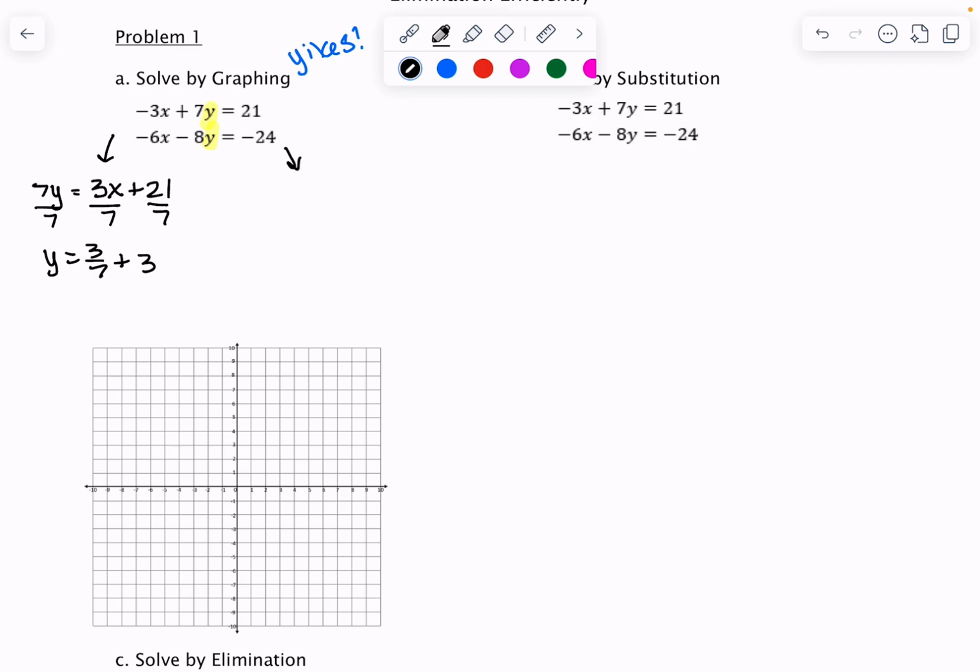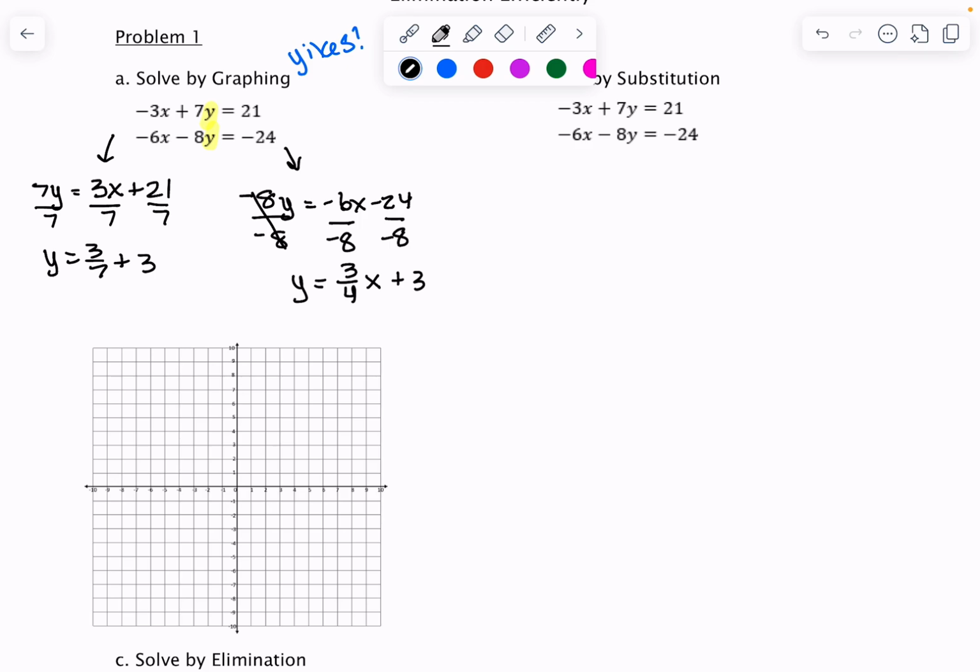The other one, add the 6x over: 8y equals negative 6x minus 24. Divide everything by negative 8, and boy, is this taking a lot of time, right? This is not very efficient. And this becomes 3/4 x plus 3. Kind of a pain.